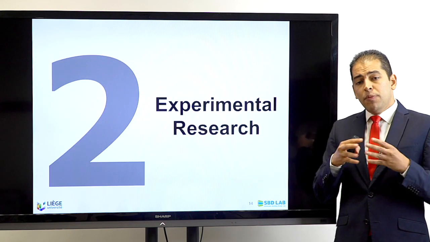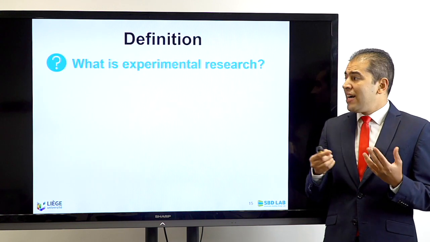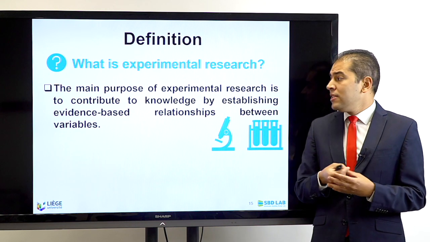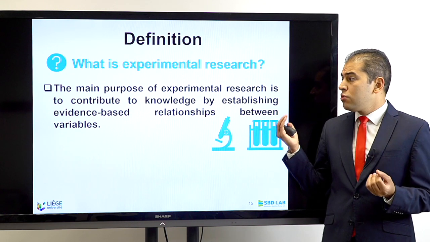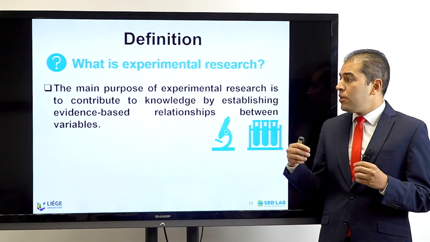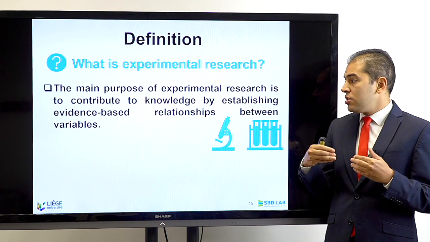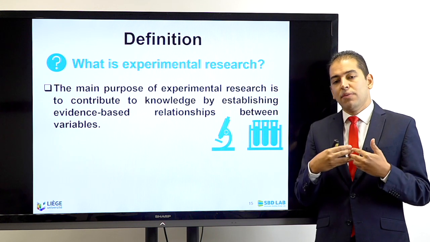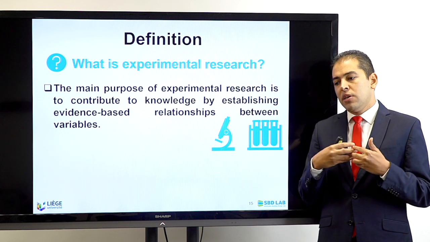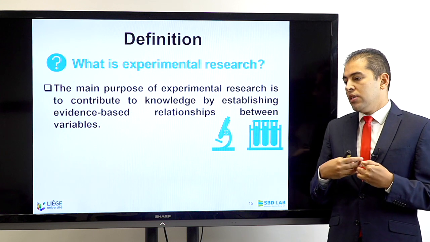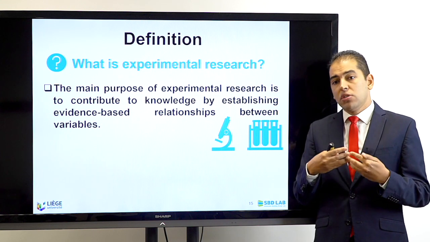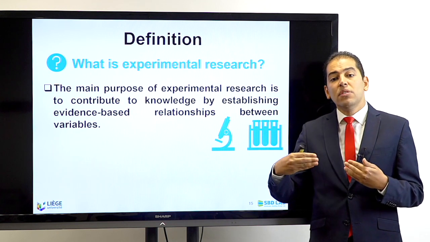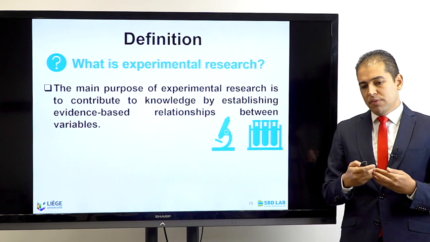Now let's focus further on experimental research. In fact, what is experimental research? The main purpose of experimental research is to contribute to knowledge by establishing evidence-based relationships between variables. Today we are seeking high evidence, we are seeking accuracy, we are seeking confidence in information or in knowledge and science, and experimental research allows you to establish an evidence-based relationship between variables.